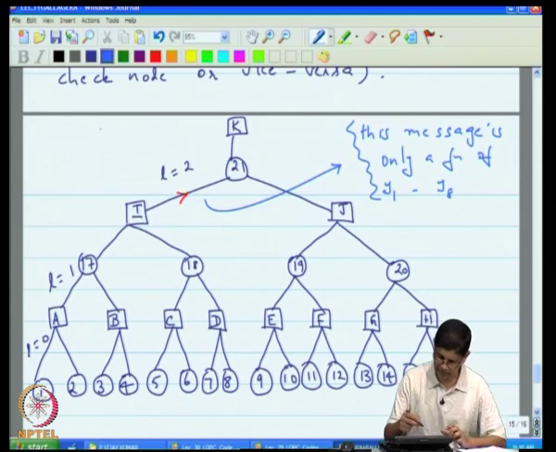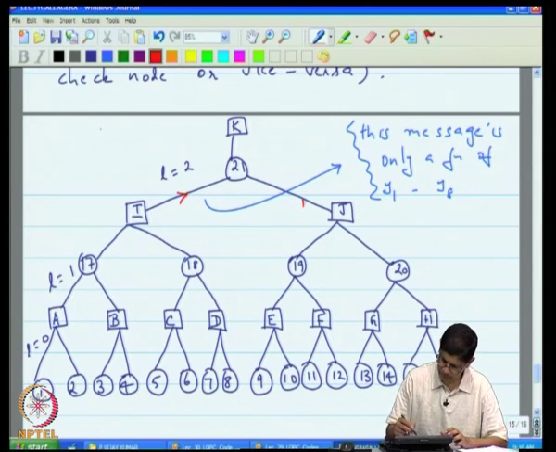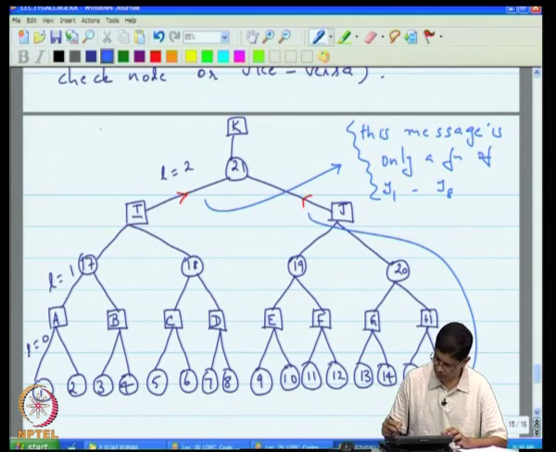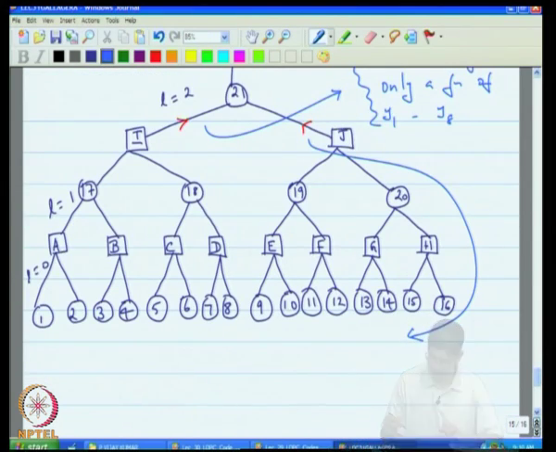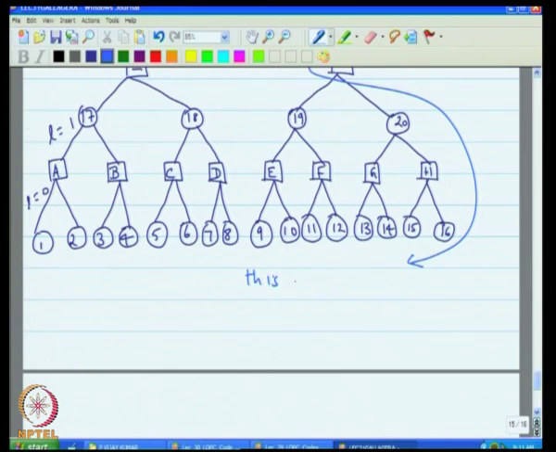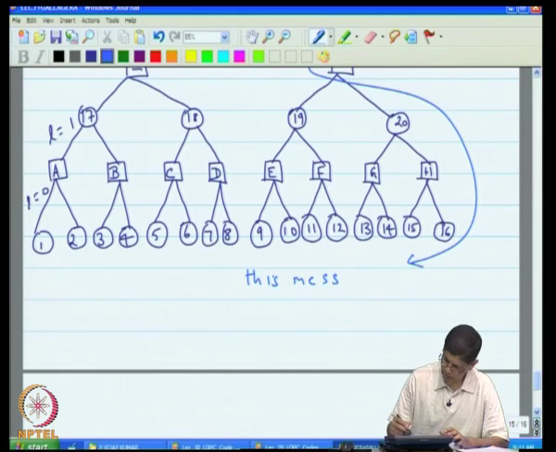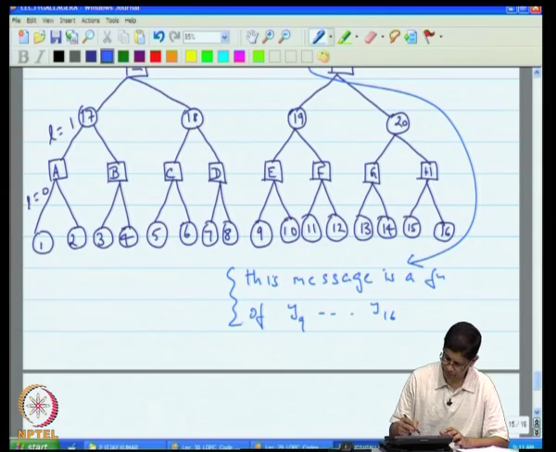In similar vein, if you ask yourself the question, what is this message a function of? You see that this message is a function of y9 through y16.